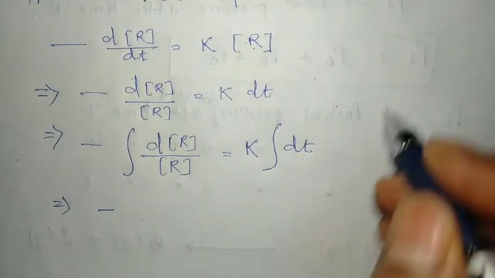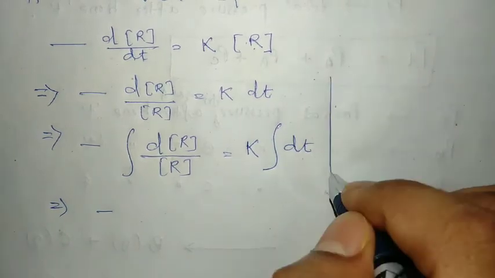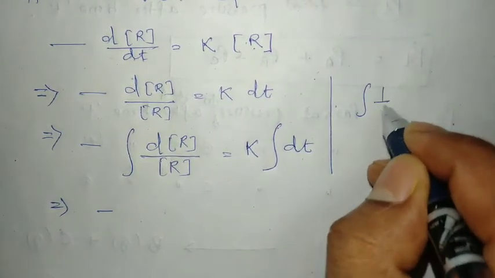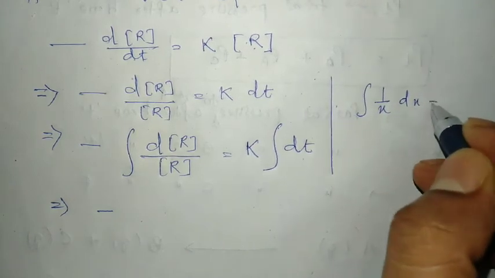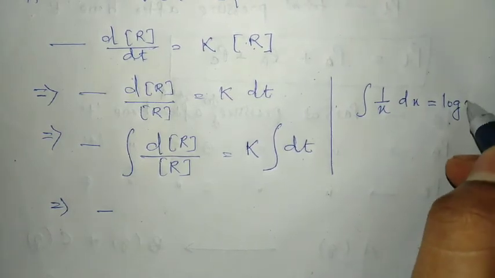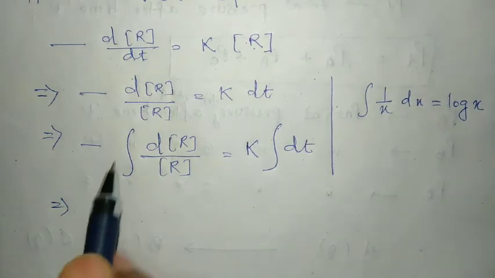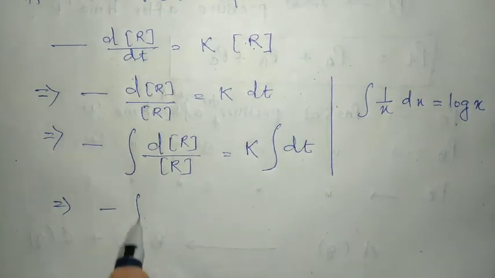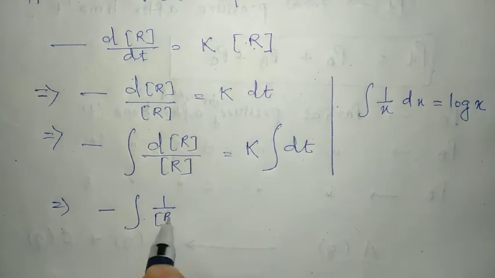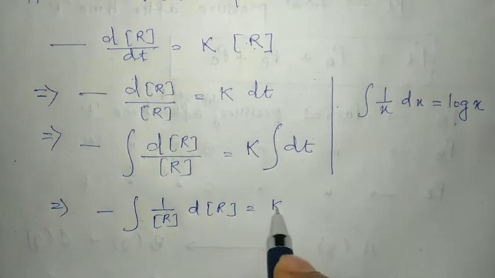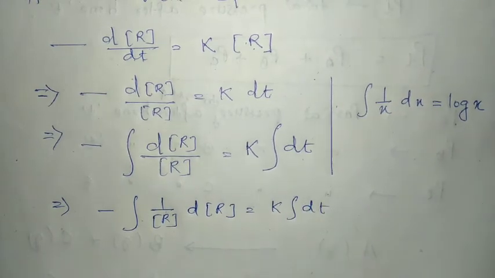So according to integration calculus, integration of 1 by x dx equal to log x. So this is integration of 1 by R dR equal to k into integration of dt.